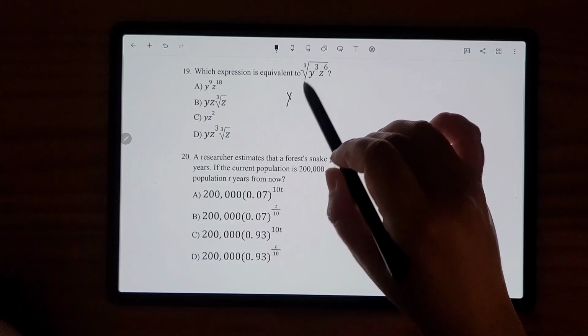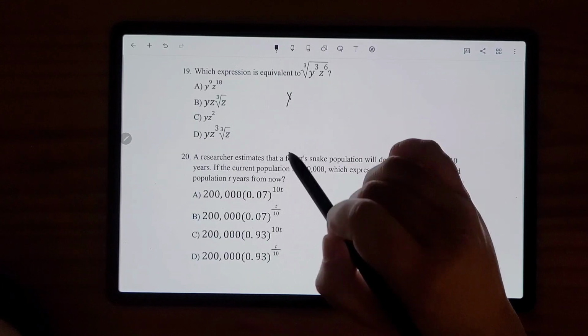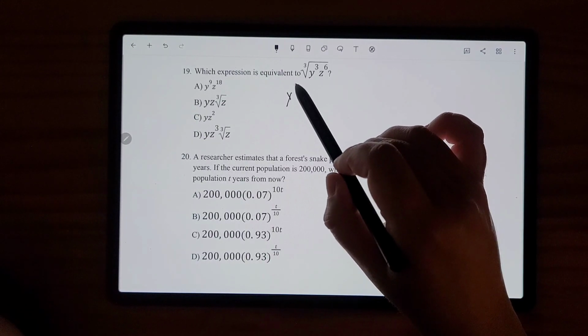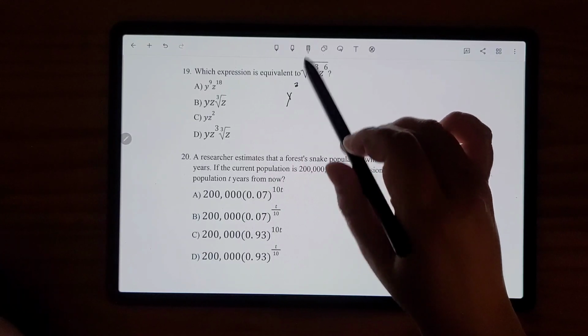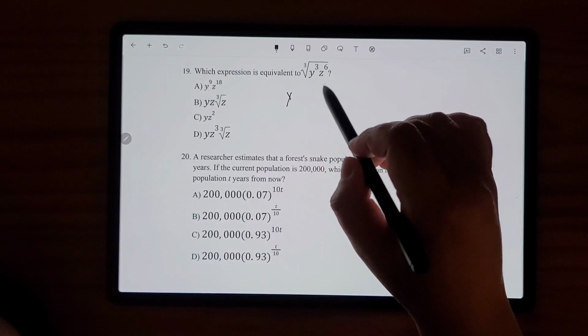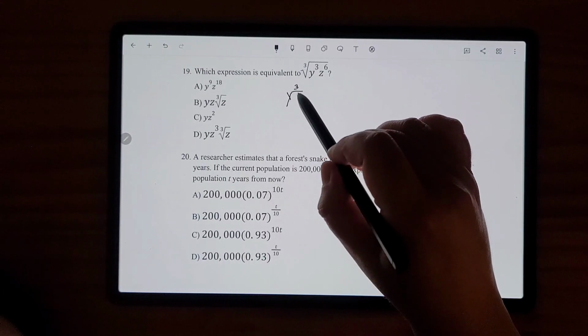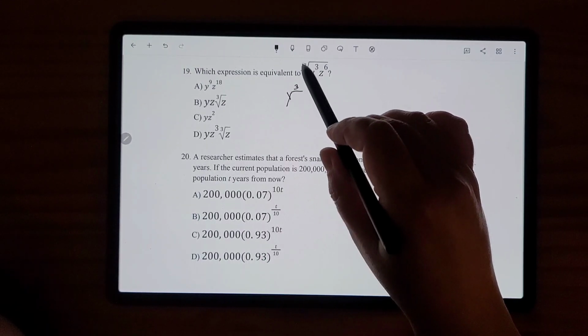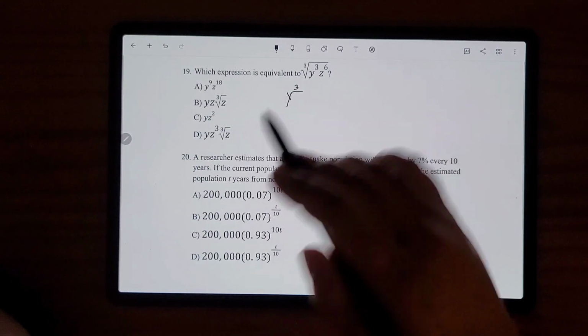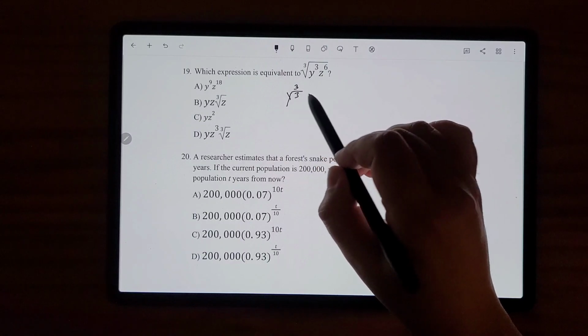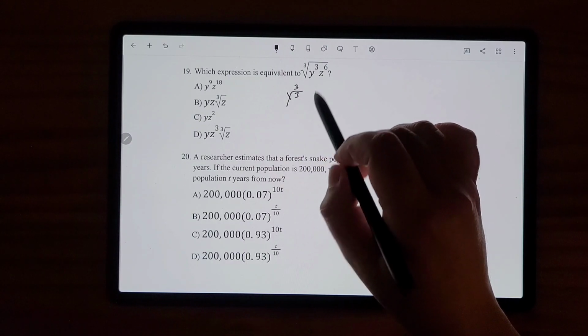Well, to write it as y to a fraction as your exponent, we would just say, okay, what's my exponent on the inside? That's my numerator. That's about 3. My numerator would be 3 because there's a 3 on the inside, over the denominator for your fractional exponent, which would be the type of radical it is, which in this case, you're cube rooting it. So the little number on the outside would be 3. So it's y to the 3 over 3.